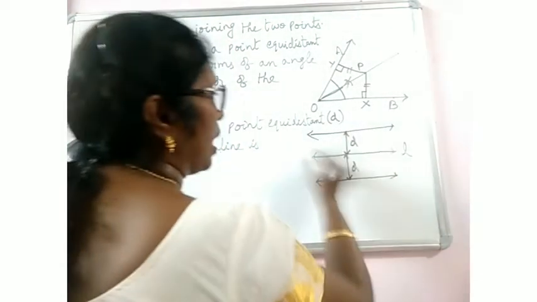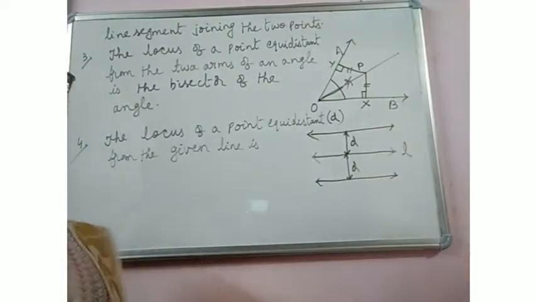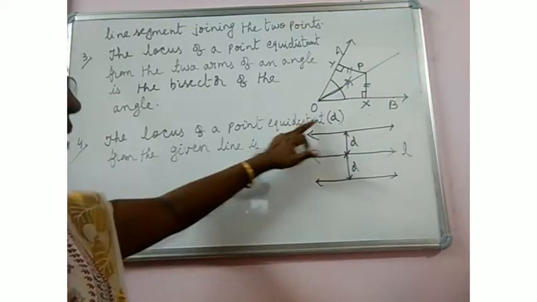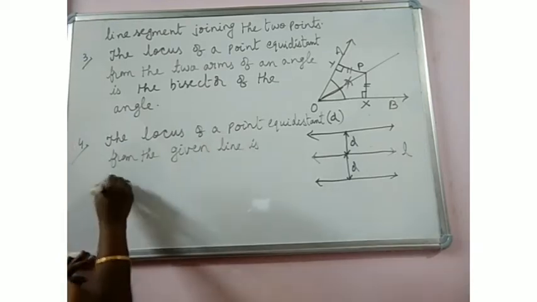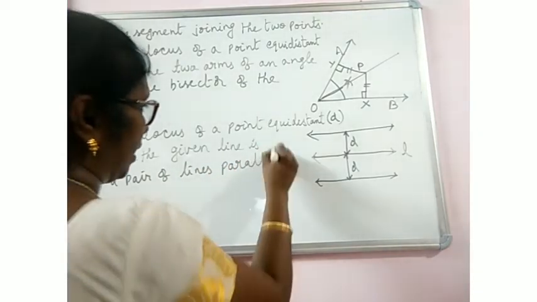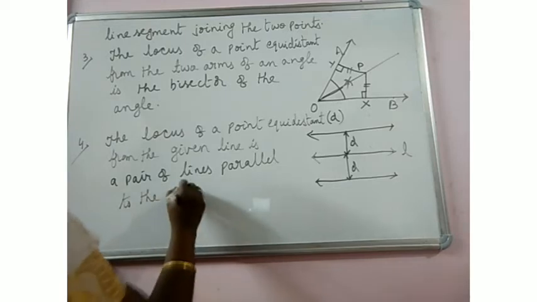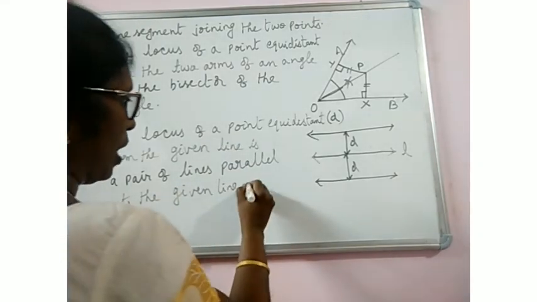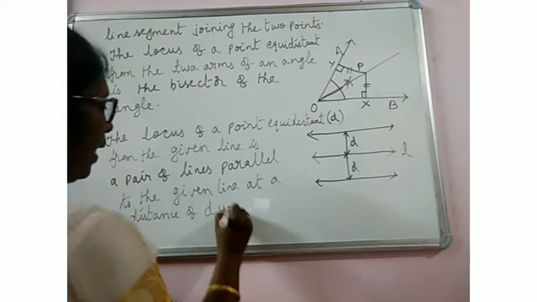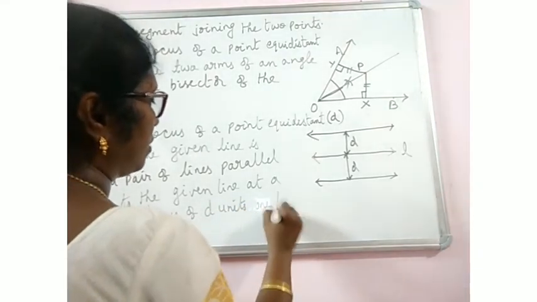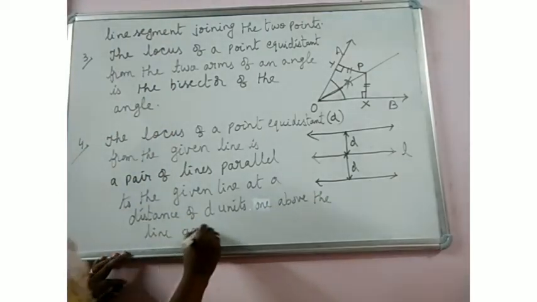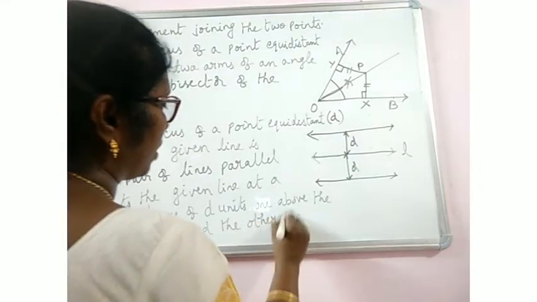Okay? So, if L is the given line, if you have to find the locus of a point equidistant from this line at a distance D, it is a pair of lines parallel to the given line at a distance of D units, one above the line and the other below the line.